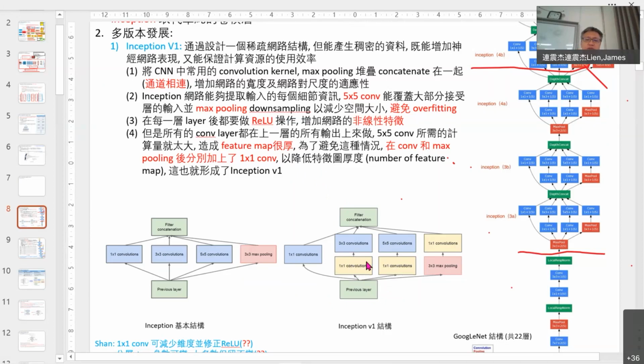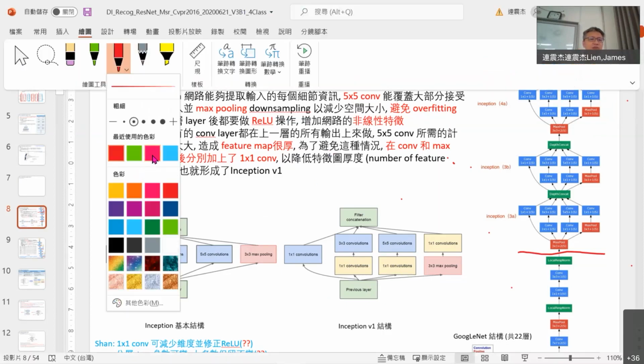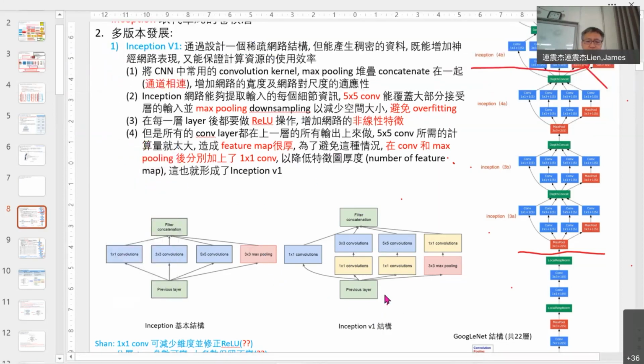Okay, that means suppose here I use this, and here there are 16 maps, that is, 16 channel maps. If you do this, each branch gives 16, 16, 16, 16.